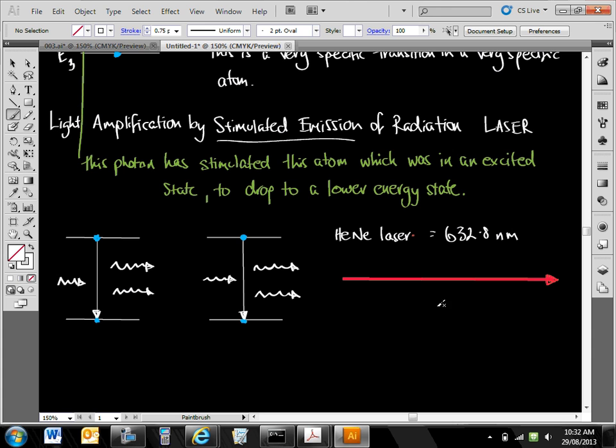Why do you think we have the 2 gases there? One of those gases obviously has this property where it has this excited state, and by stimulated emission it can amplify the light. But the other gas, maybe, what do you think? What function do you think the other gas has?